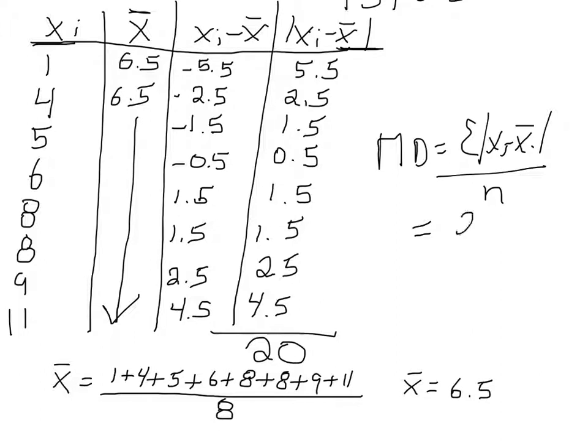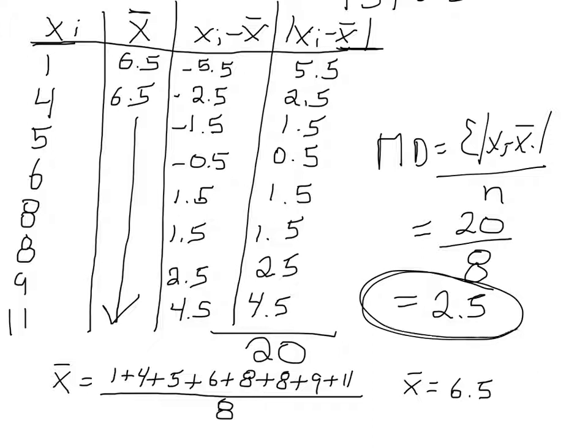So that's going to equal 20 divided by 8, which is going to equal 2.5. So your answer would be 2.5 for your mean deviation.